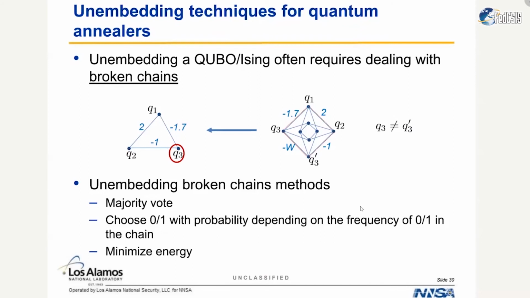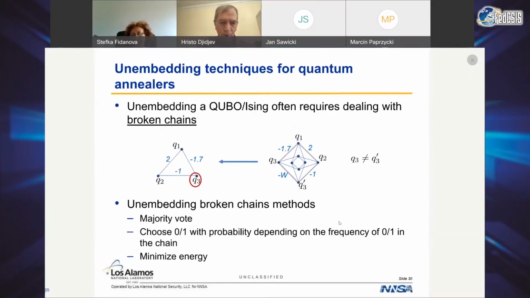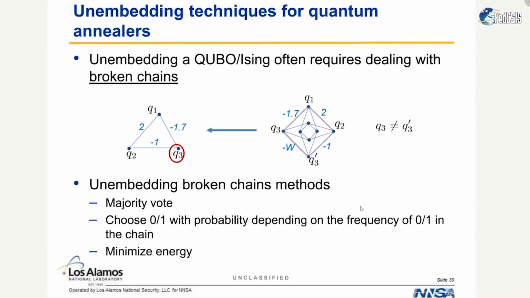And when we have 1 qubit per 1 variable, it's easy. So whatever the value of the qubit is, that's the value of the variable. Like Q1 and Q2 in our case, we just copy the value. But for Q3, we have 2 qubits that represent Q3. And what if they get different values? So which of those 2 values should we choose as a value for the variable?